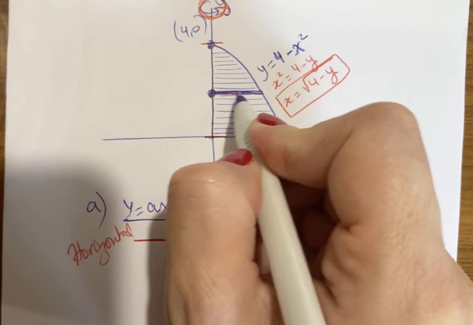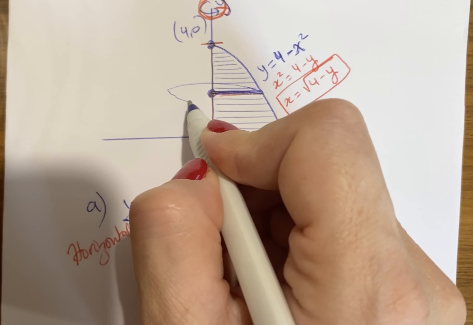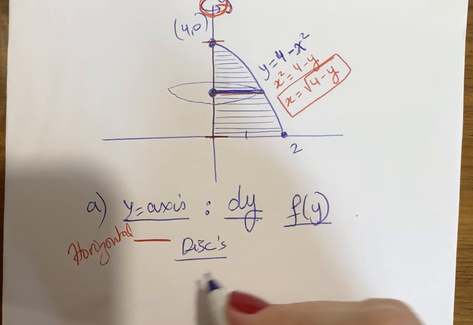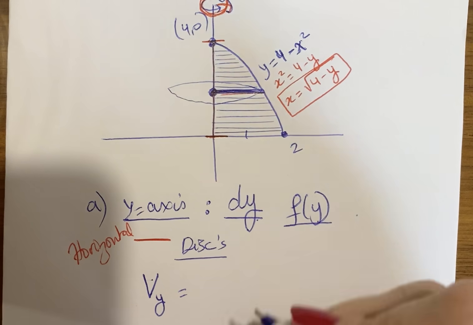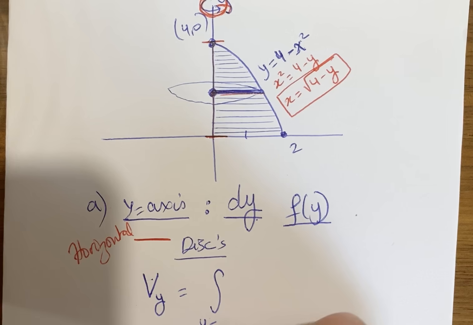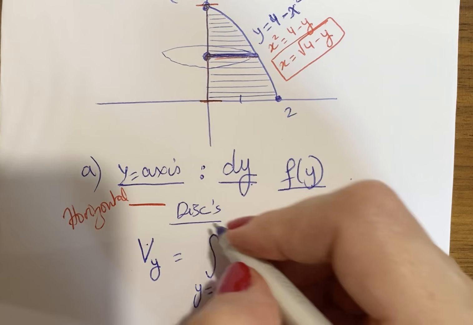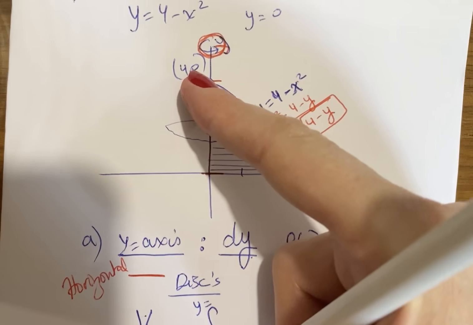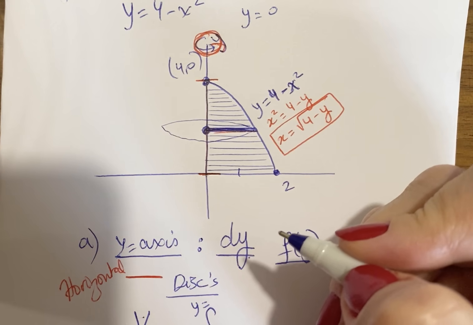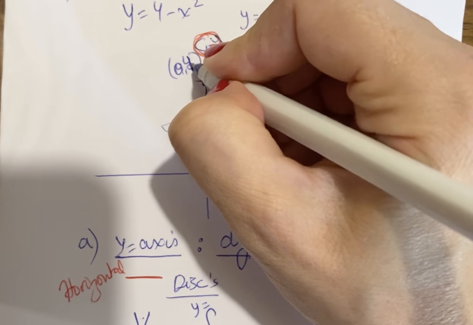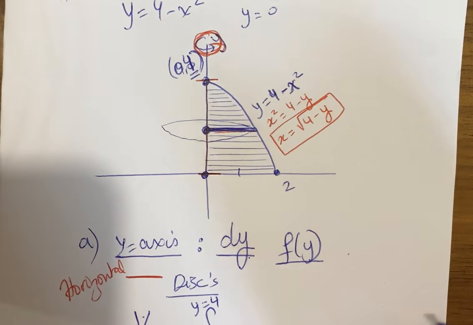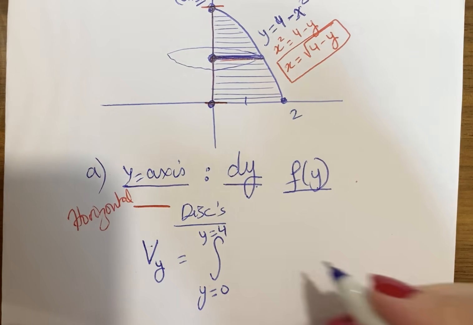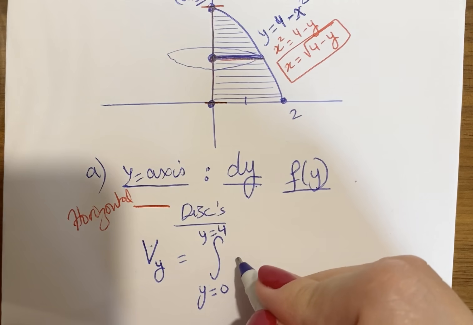What's the area of one disk? The area of one disk is pi r squared. So the volume, since we are rotating with respect to the y-axis, V of y is equal to the integral from y equals 0 to y equals how much here? 4. What's the area of the disk that I'm looking at?